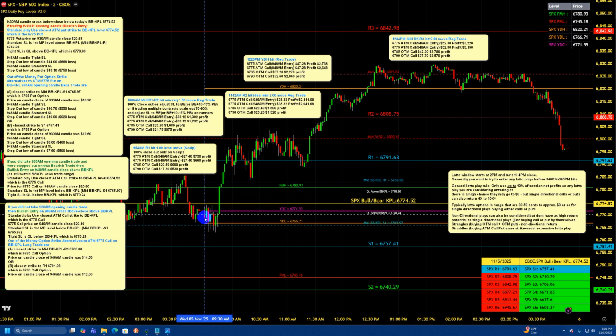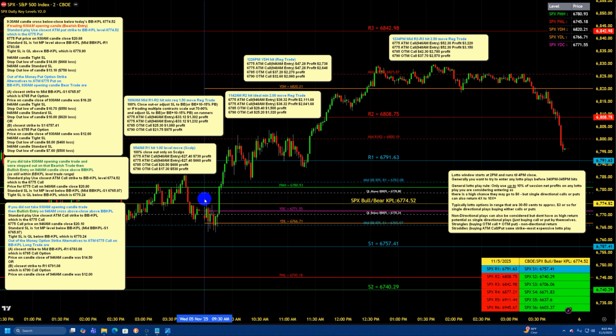opening trade. If instead this had closed above the bull bear KPL, then this 9:30 a.m. opening candle trade would instead have been a bullish play. It would not matter that it opened below. What matters is where it closed, and if it closed above.